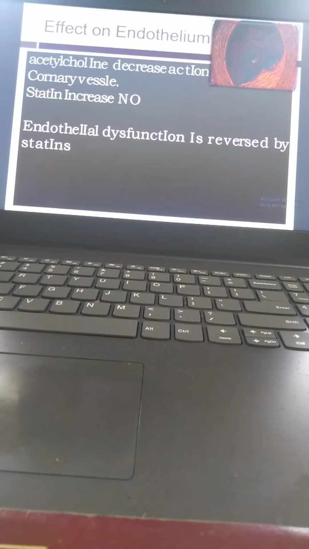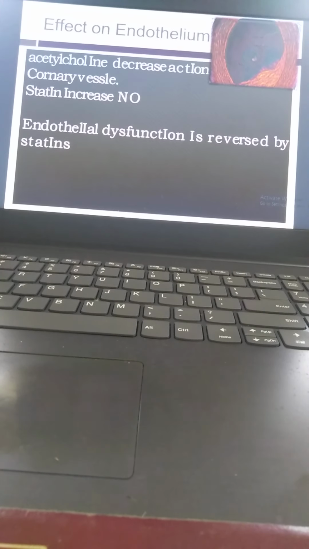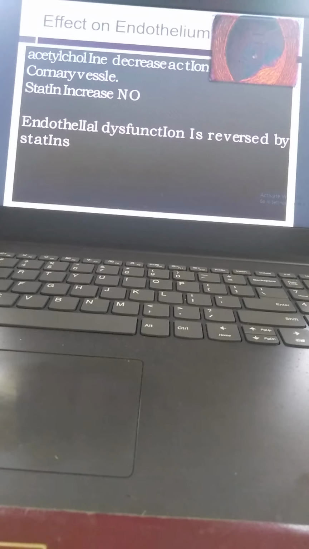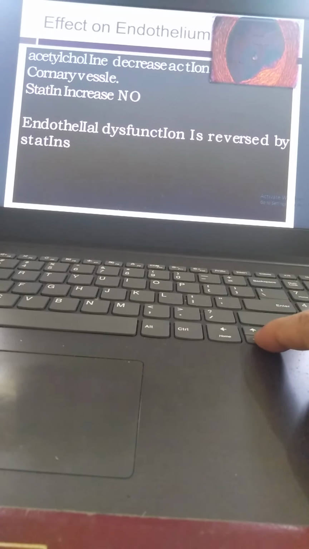Acetylcholine is the neurotransmitter which is very important in the coronary vessel, and it produces EDRF, endothelial derived relaxing factor, and statin increases NO, nitric oxide. So its dilative effect is maintained. Endothelial dysfunction is reversed by statin, so endothelial function is maintained. Statins are very important in a coronary vessel, so we can save our heart.